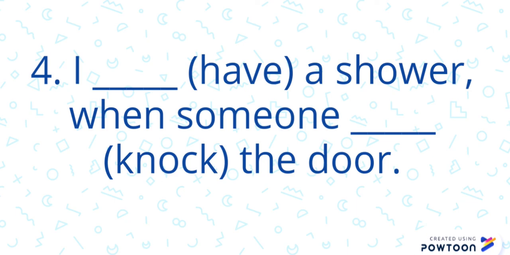I was having a shower. Le pongo ed al knock? So yes, because in this case knock is a regular verb. So yes, ed. Having a shower when someone knocked the door. Very good, that's it. So I was having a shower when someone knocked the door.